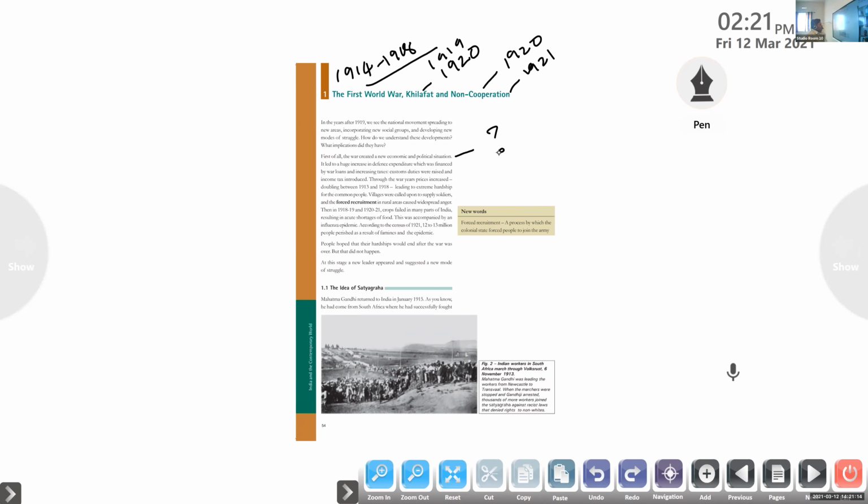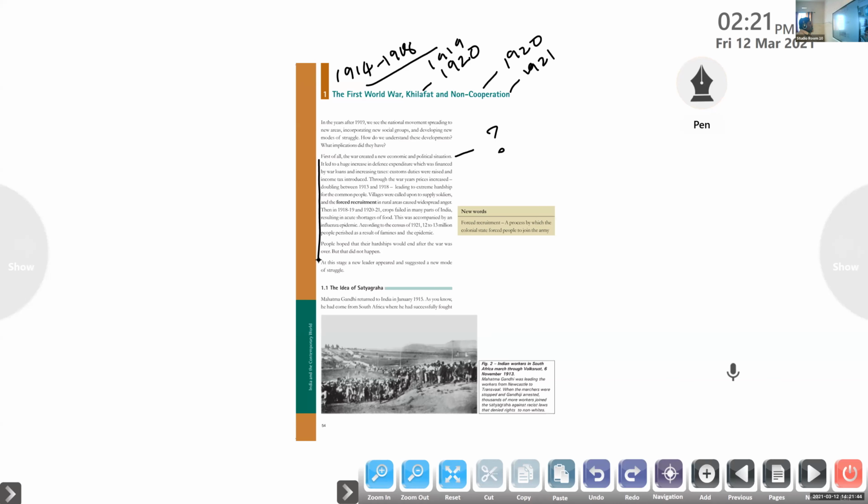The question is, what are the new economic and political situations created by the First World War in India? So the answer is here. This is the answer for that particular question: the political and economic conditions created by the First World War in India.